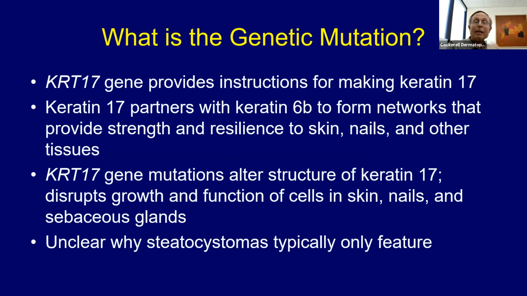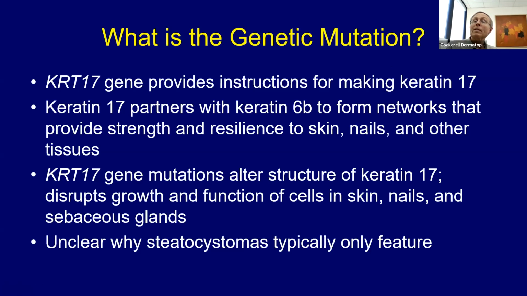So what's the genetic mutation in steatocystoma? Well, it's this KRT17 gene, okay? And I'm going to minimize the chat real quick so I can read this. There we go. So this basically partners up with this keratin 6B gene to form these networks and whatnot.